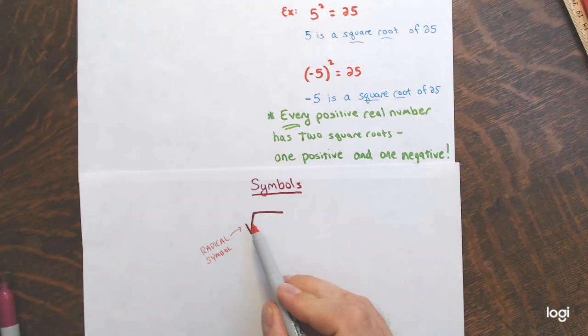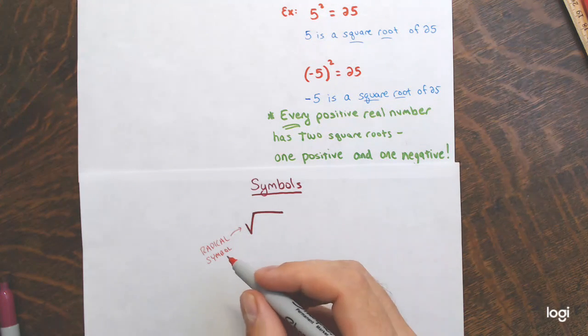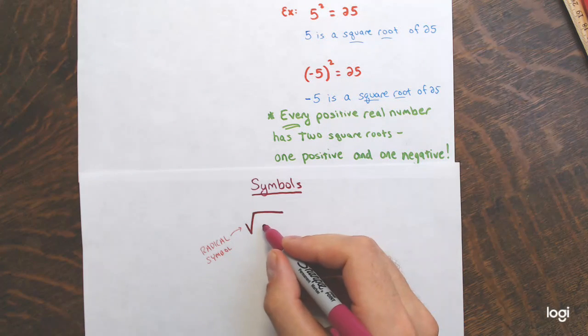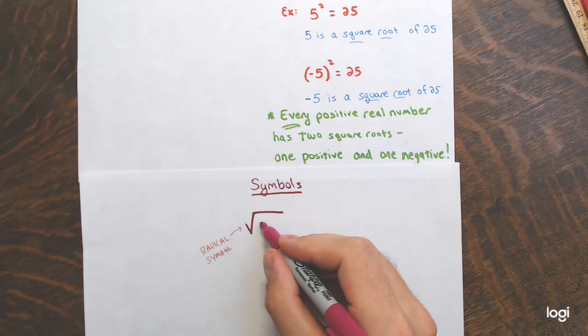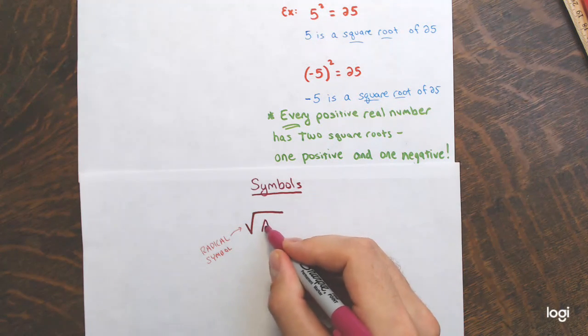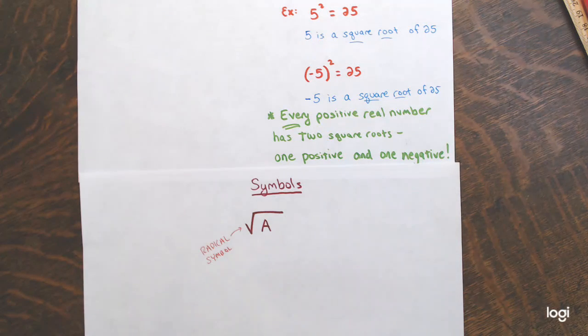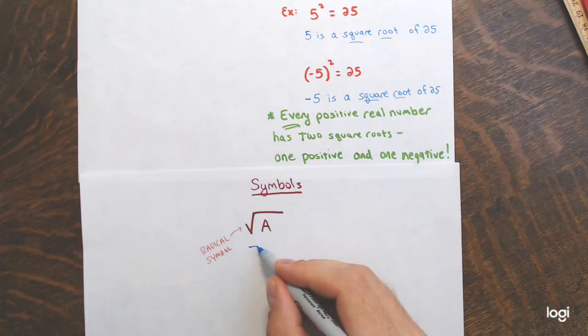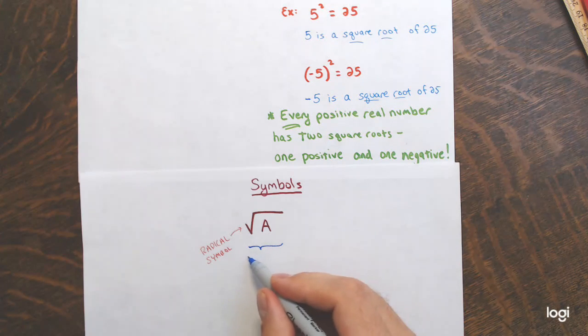When there's no number here, which there isn't right now, it's for the square root. So the one we're looking at in particular here is for the square root. When I see this radical symbol, with some number a in here, this would be said as the square root of a.